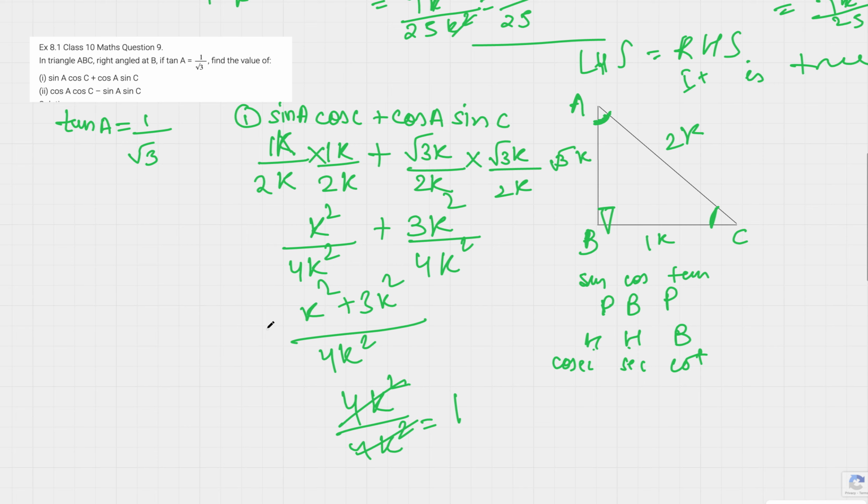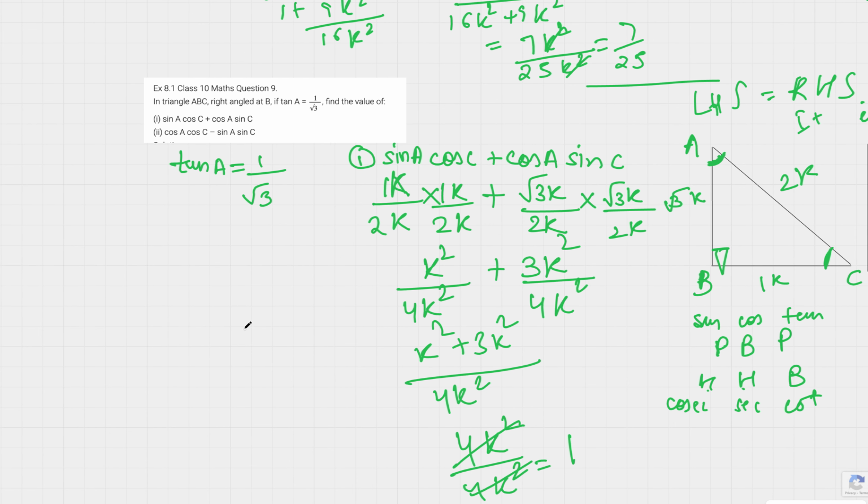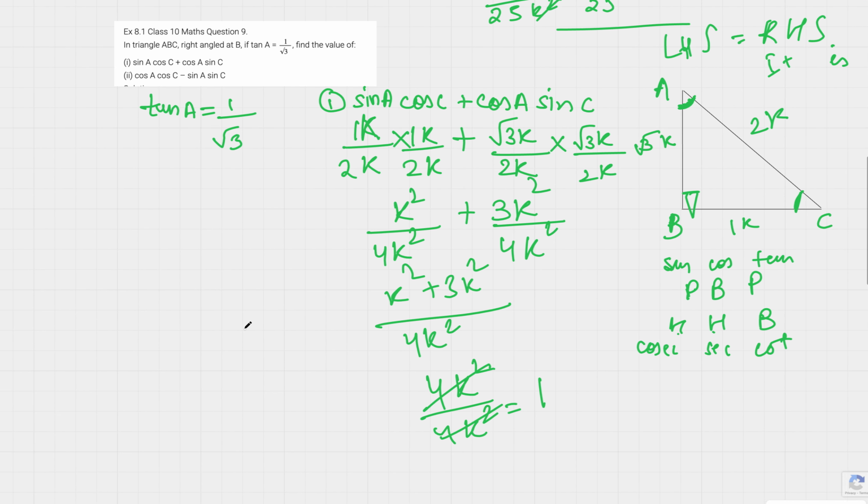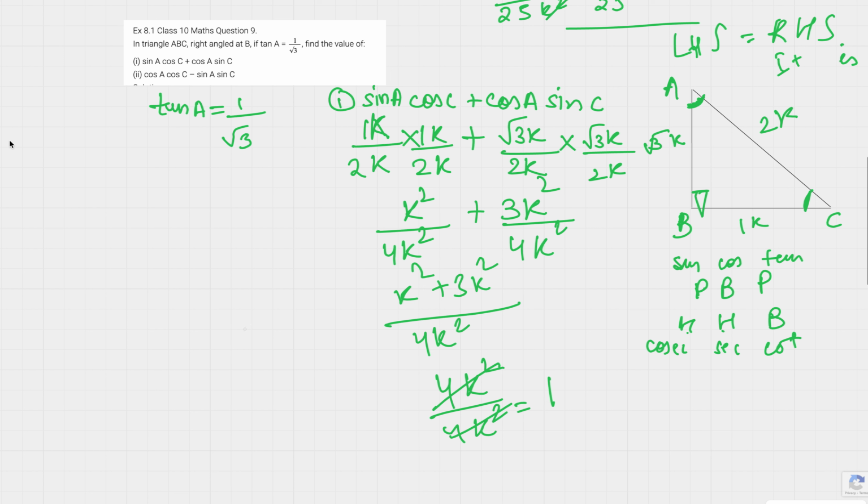Okay. Let's go to the second one. It is cos A cos C minus sin A sin C. Cos is B by H. So B for A is root 3K divided by 2K.